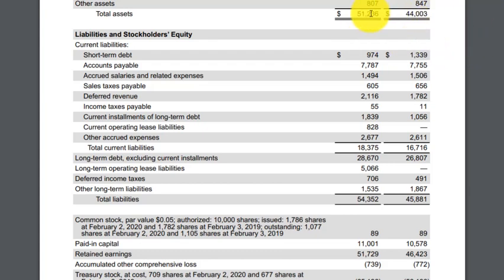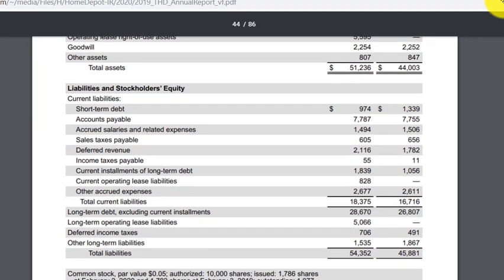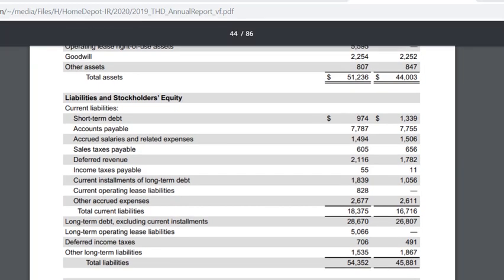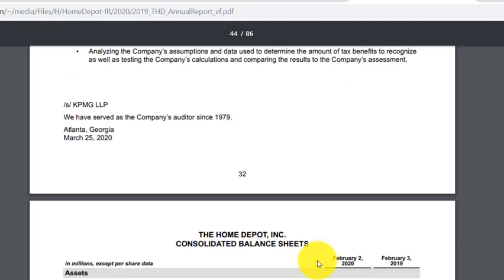You see the total assets equal the total liabilities and equity, and they use the term stockholders' equity. You have the liabilities, you have your assets listed, separated between, as we mentioned, current and long-term.